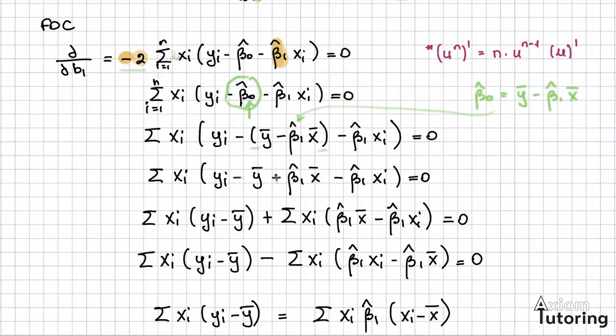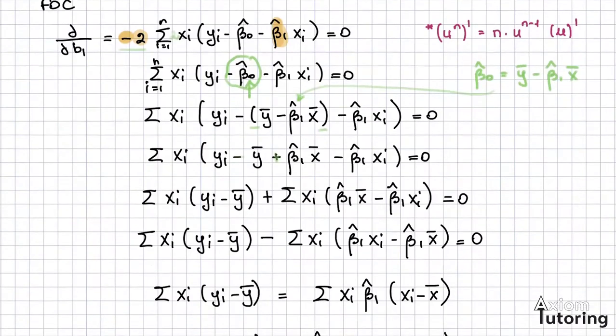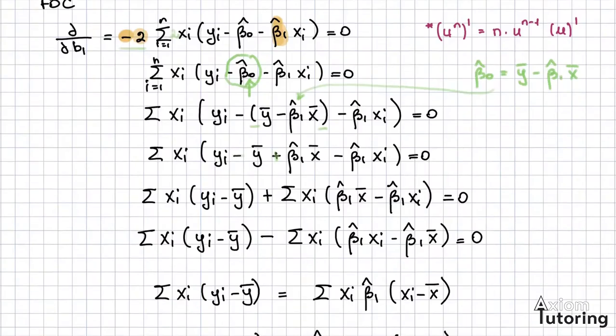The next few steps, this is where the math manipulations come into play. We have simply split this big expression, and we are considering keeping the yi minus y bar together, but they are being multiplied by the xi, so let's not forget to keep that.